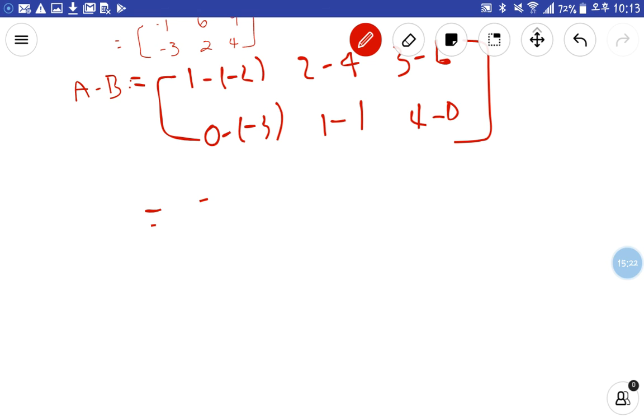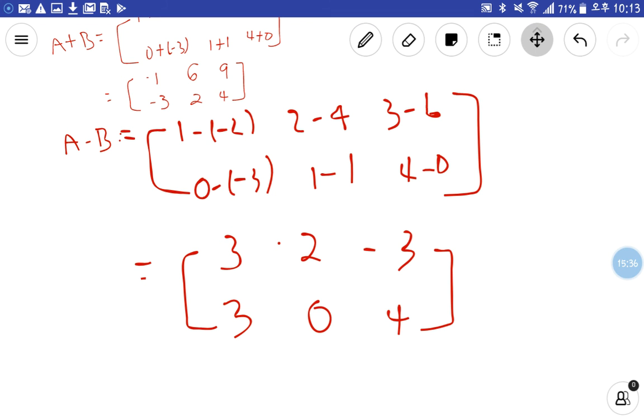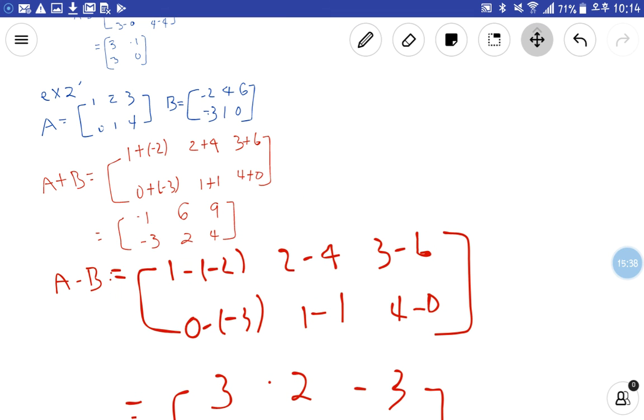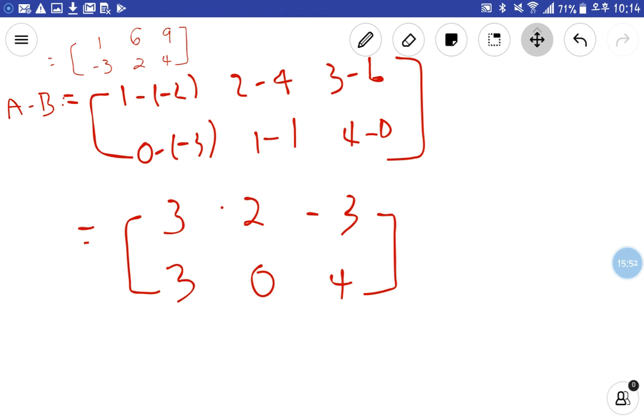So 1 minus negative 2 is 3, then negative 2 and negative 3, and 0 minus a negative is plus 3, then 0 and 4. Let me double check it. Which gives you 3, negative 2, negative 3, positive 3, 0, and 4. Okay, yeah, that's it.